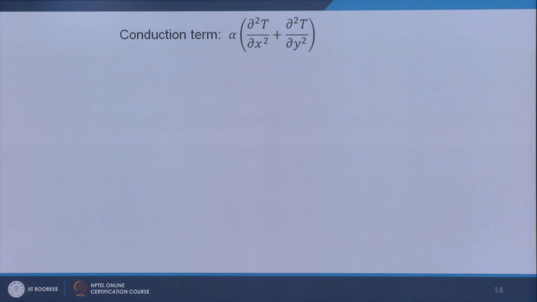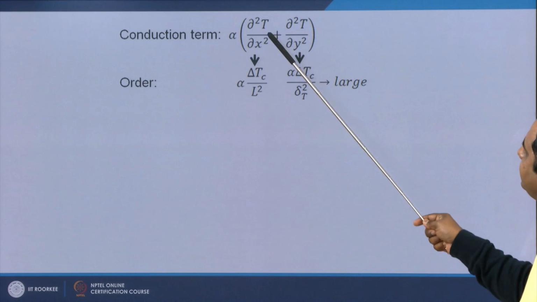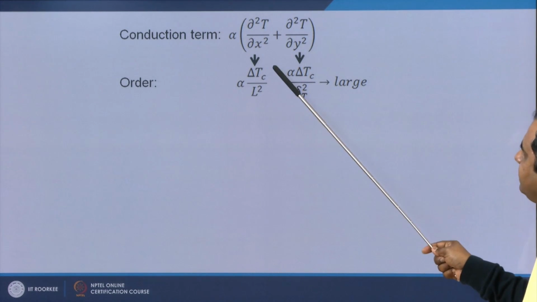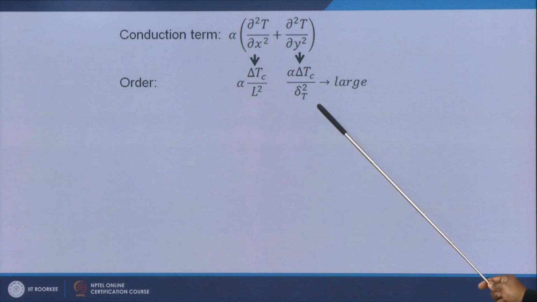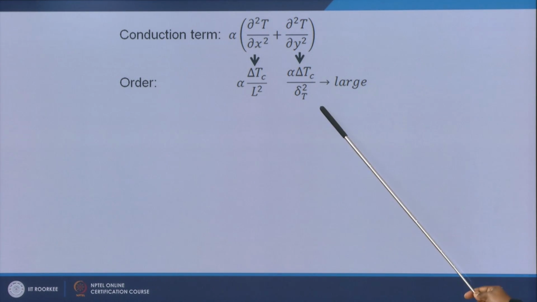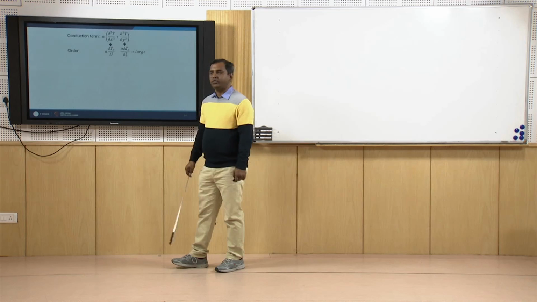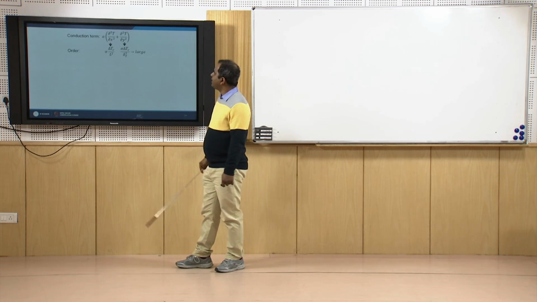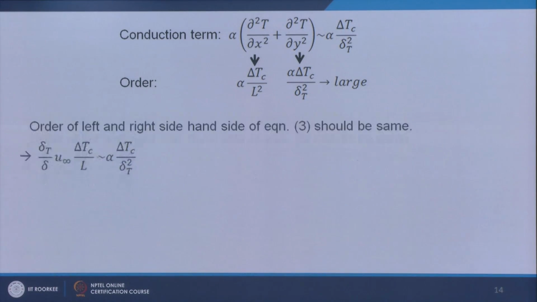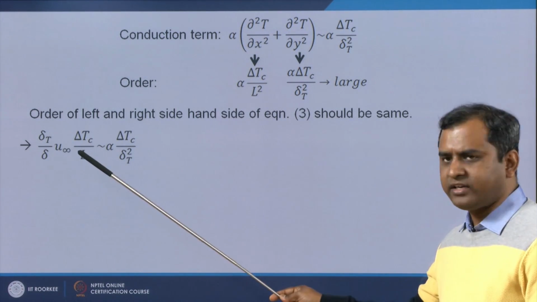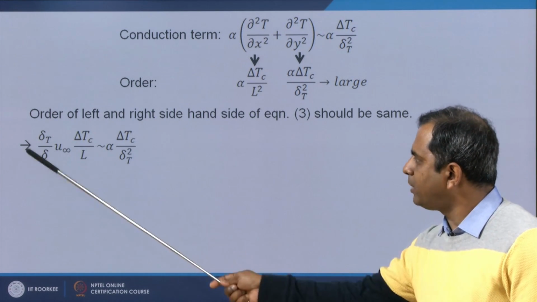Okay. For the conduction term, this is the order of the first term: α into ΔT_c by L square, because for X we have L, and for this Y we have taken δ_T square. Now we know δ_T is smaller compared to L, so this will be the dominant term. And once again this is the dominant term, so this is the order of the conduction term. Once again if you equate conduction and convection, you get this type of scale analysis.